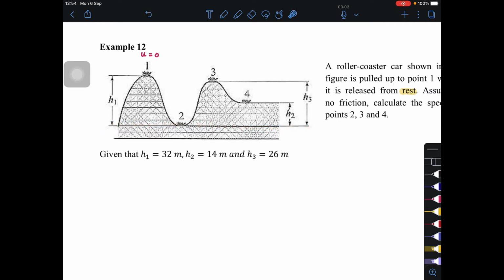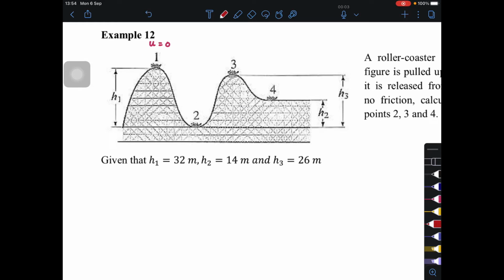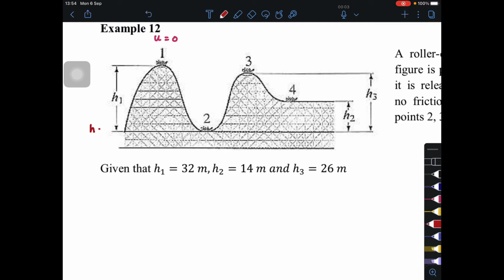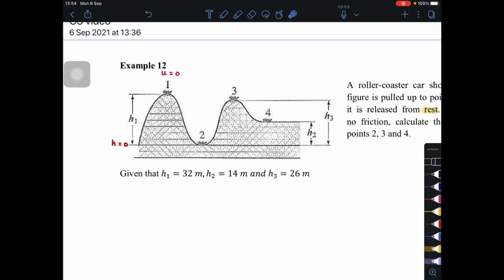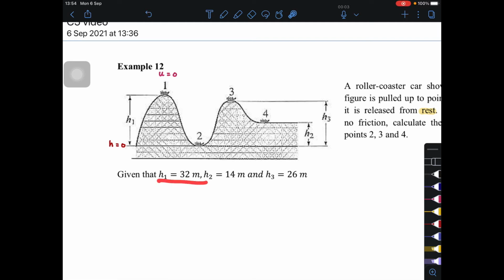Usually we will choose the location close to the ground or on the ground to make h equal to 0. So here h is equal to 0. And since we are already given all of these values of h1, h3, and h2, it is easy, just choose this location as h equal to 0.